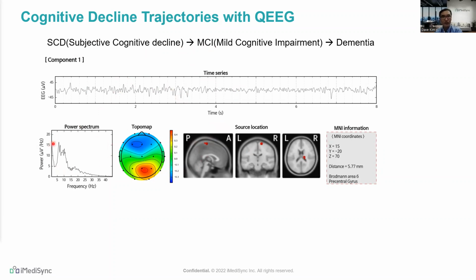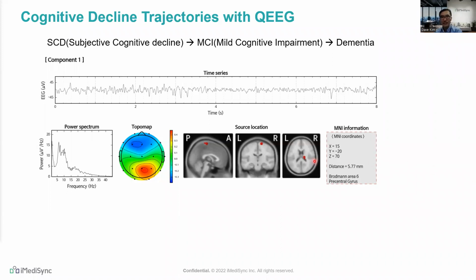The first component is the very slow frequency activity, and basically combined with the alpha activity and the beta activity. This is the first component of the subjective cognitive decline in the beginning state, kind of self-memory complaint.